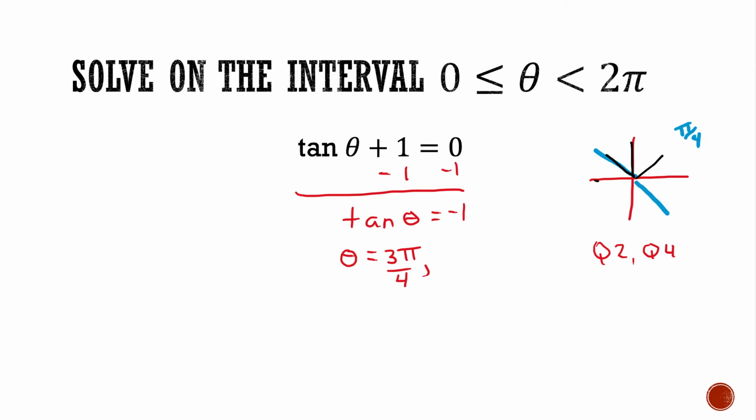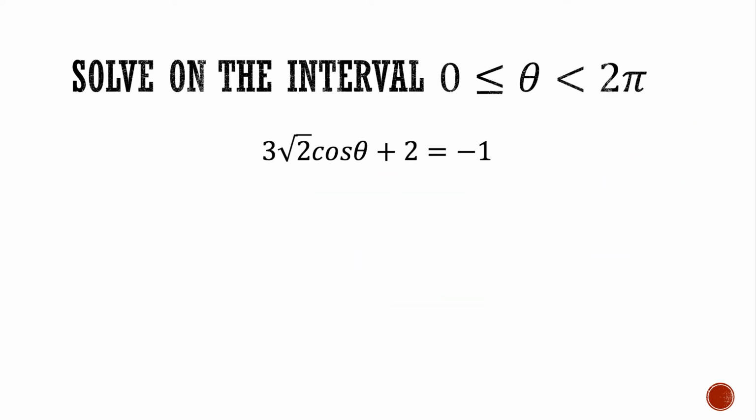And then this is 4 pi over 4, 5 pi over 4, 6 pi over 4, 7 pi over 4. And so now we have our two solutions. All right, what about this one?